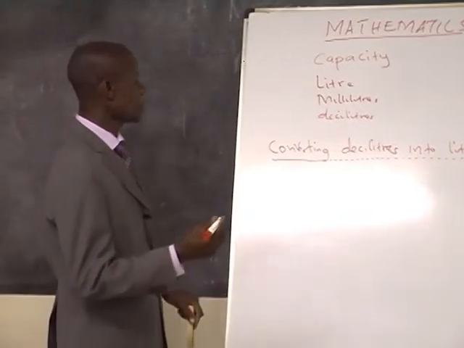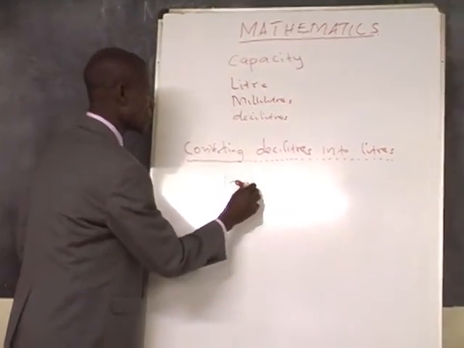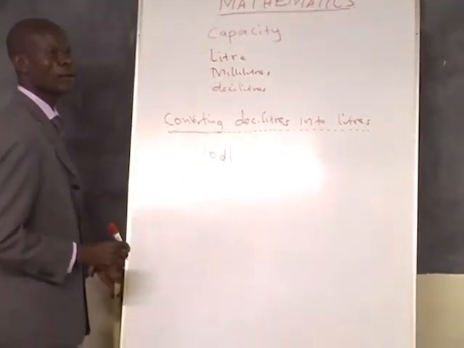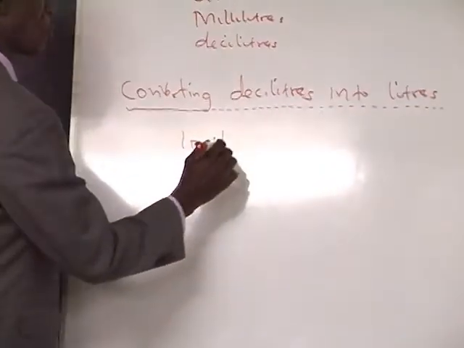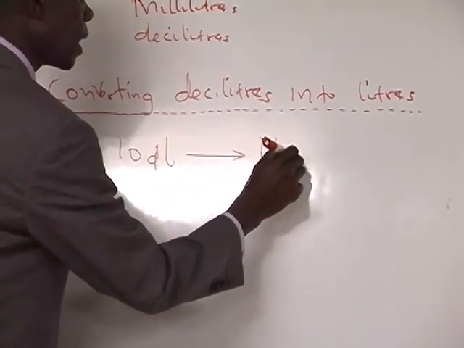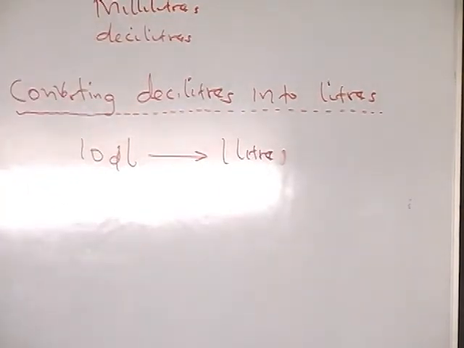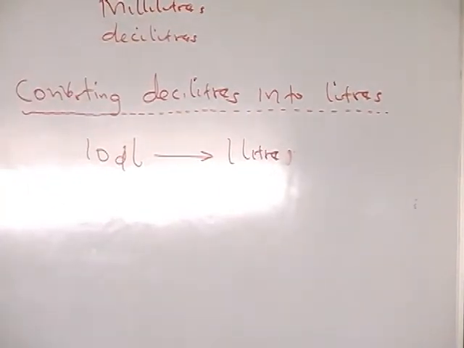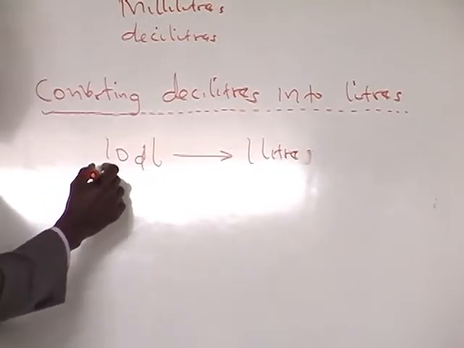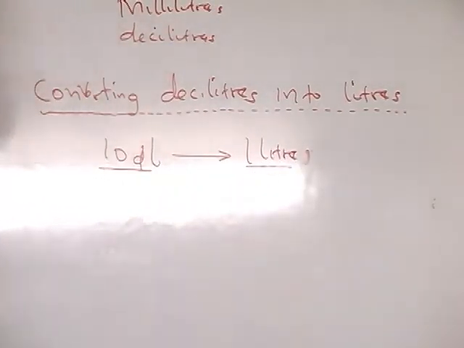Good. So we are able to see that 10 deciliters was able to fill 1 liter completely. Therefore, it means that 10 deciliters is equal to 1 liter.